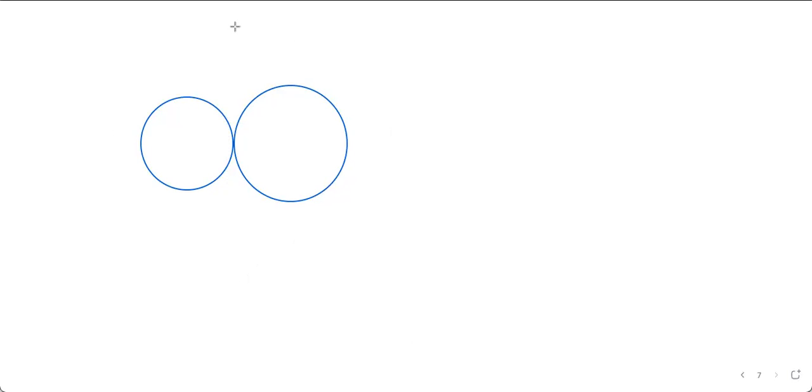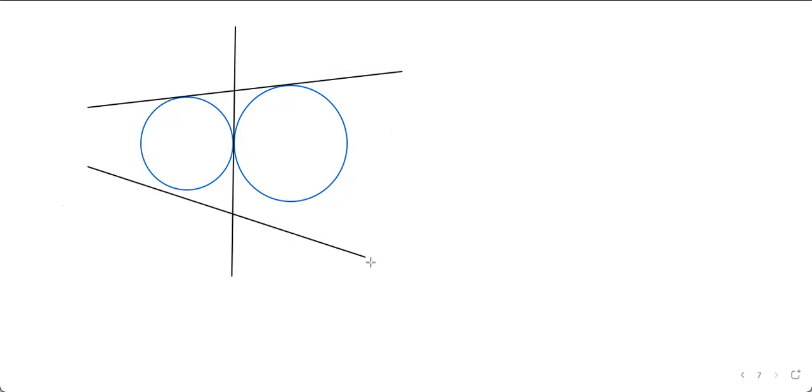One common tangent is simply this, which Akhilesh and Rajesh did not count. Another common tangent will be like this. Similarly, the third common tangent, if I draw properly, will be below.